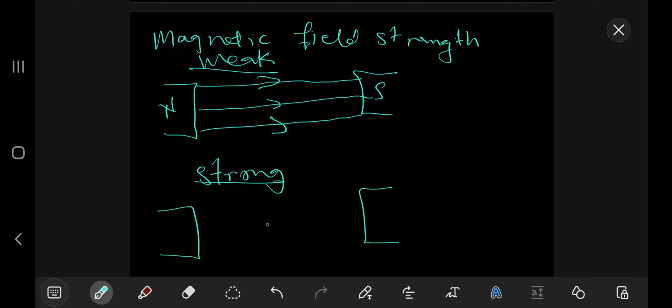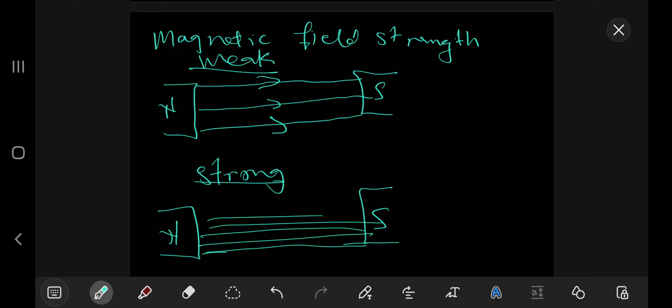But then if we have a strong magnet, then it means our magnetic field, or the strength of the magnetic field, is high, okay? But how do we represent that in terms of lines? It means there will be many lines here, the concentration of the lines will be very high because we are using a strong magnet. Therefore the magnetic field strength is now very strong, or its strength will be high, right?